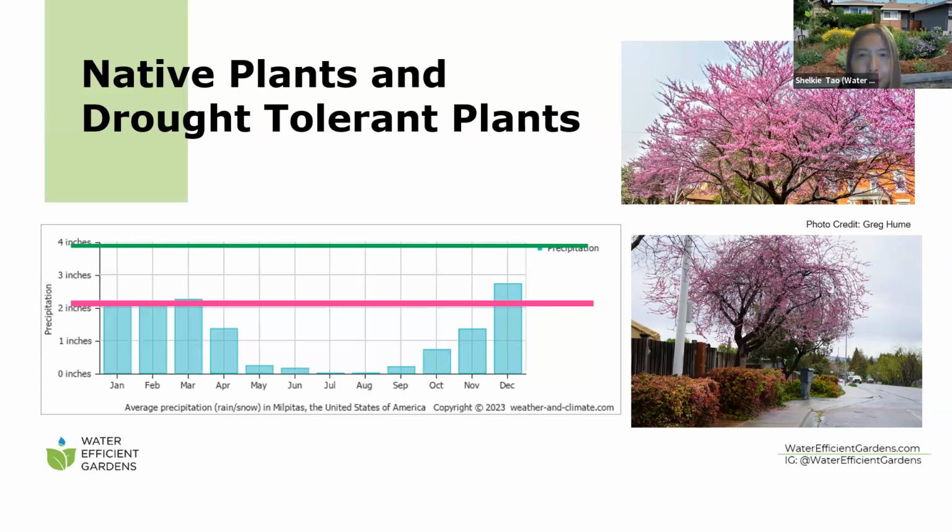So any plant that was here before the 1500s, when the first Spanish people came here, we can say those are native plants. Drought-tolerant plants, as the name indicates, use very little water, or are just low water use plants.